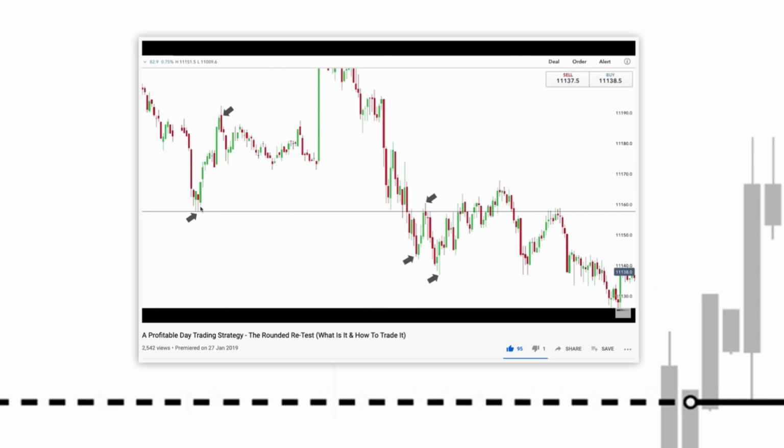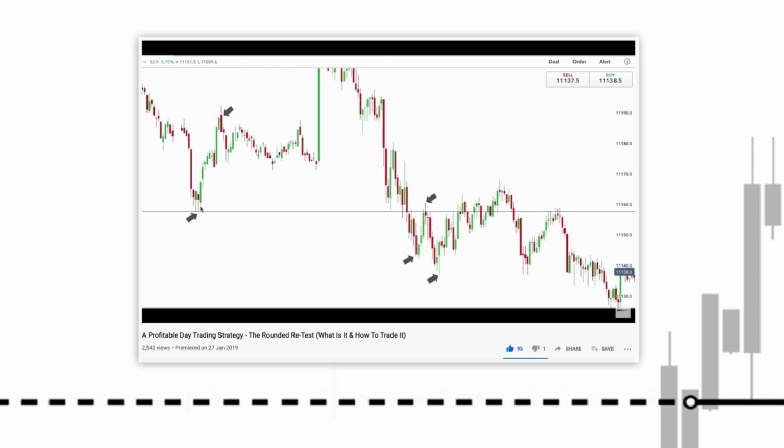Next, I've shared what's less of an entire strategy per se. It's more of a setup than an entire strategy. But again, it's a really powerful one to have within the toolkit, and that's the rounded retest. There are also 2 parts to this walkthrough, and I should just add, it isn't a strategy that I've actually built myself, so I can't take any credit for the concept. But if you haven't seen the video yet, again, it's definitely one to check out.